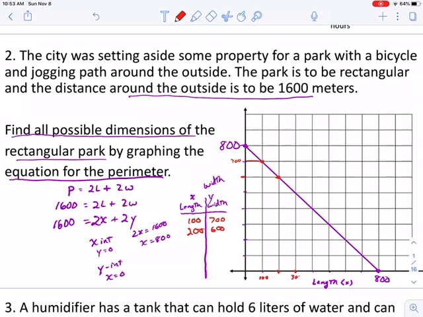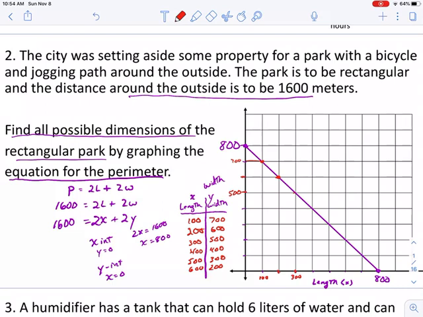If the length is 300, then the width would be 500. You see the pattern there. Every time we go up 100 in the length, we have to come down 100 in the width. So 400, 400, 500, 300, 600, 200.